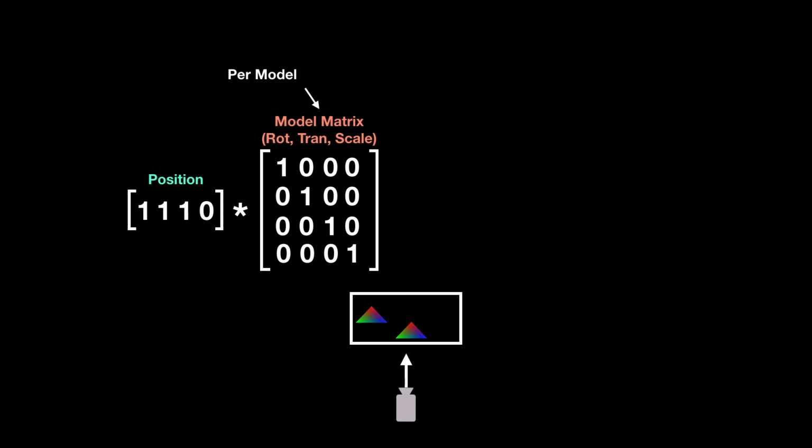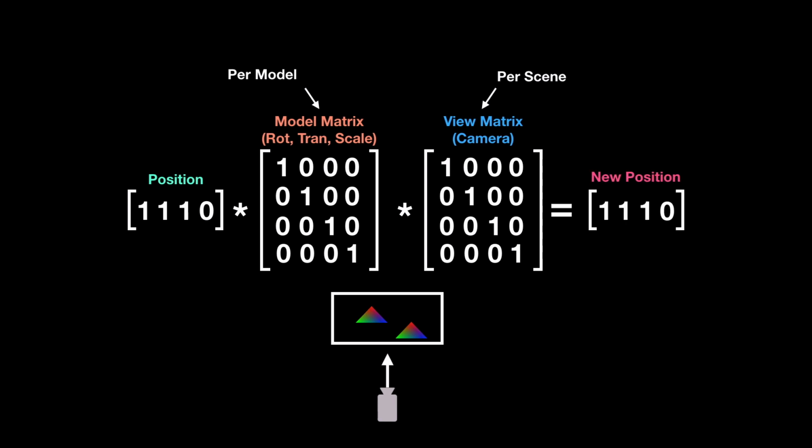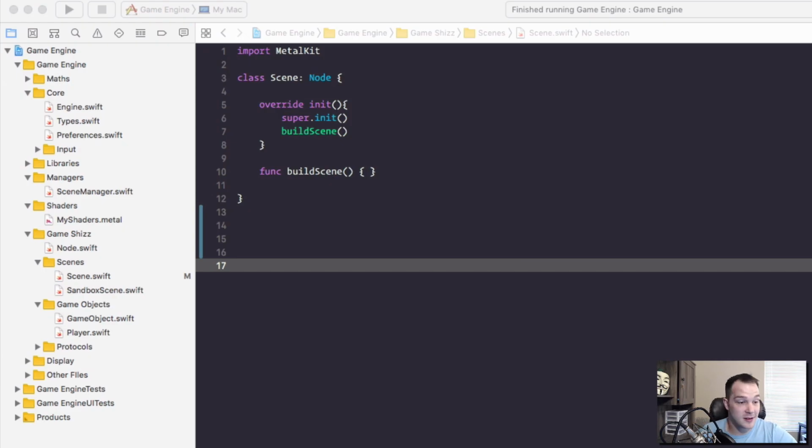Now we'll take that position and multiply it by the view matrix. Really, we could just chain these together and say position times model matrix times view matrix, and that will move everything in the opposite direction, which gives us our new position in space, but the world has moved around. So it's a pretty simple concept to apply a camera, and I'm excited to do this, so let's get into it.